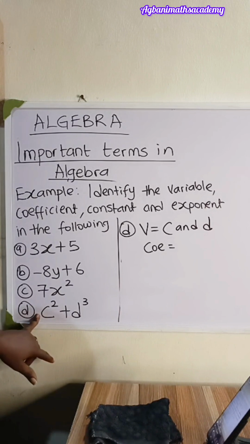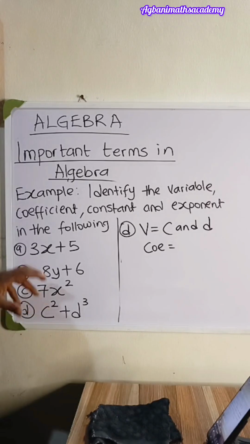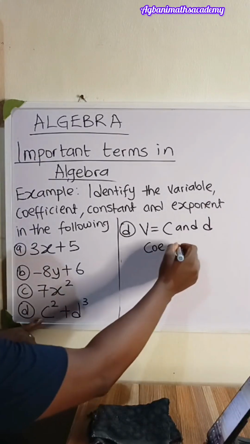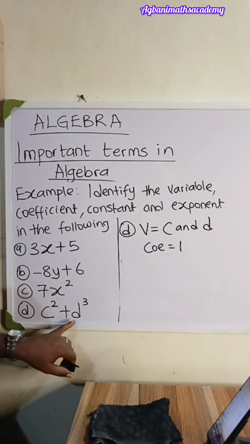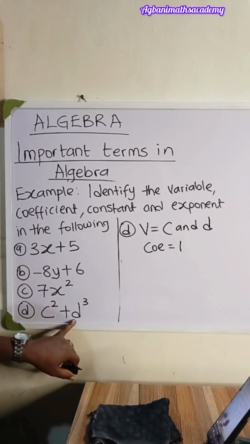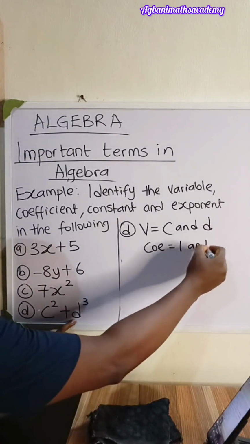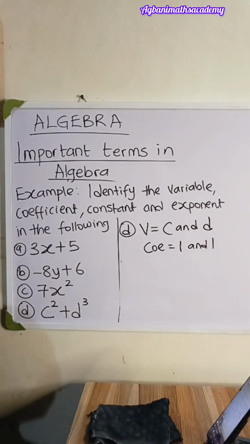There is no number in front of C. But I said earlier that when you don't see any number in front of a variable, automatically the coefficient is equal to 1. So for C, the coefficient there is 1. For D, we can't see any number also. That means the coefficient is also 1. So the coefficient is 1 and 1.